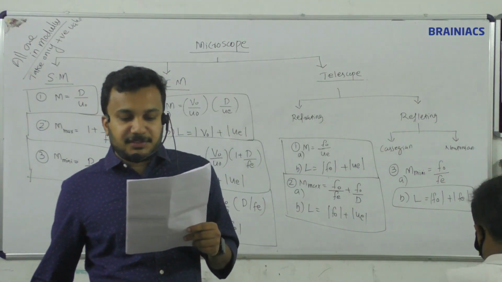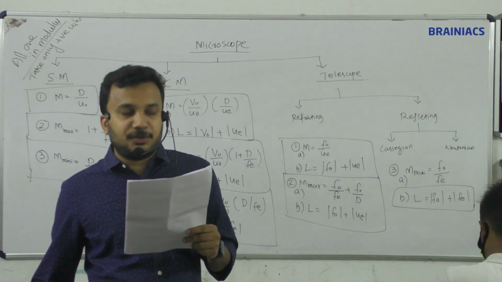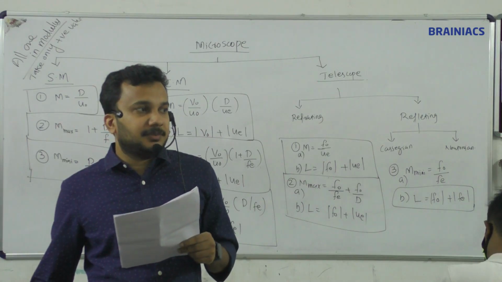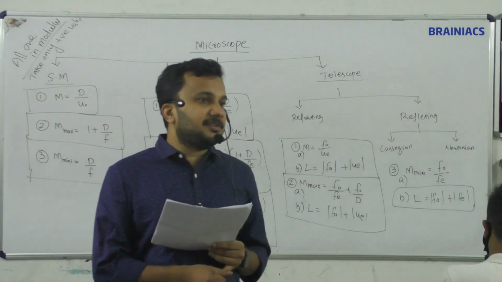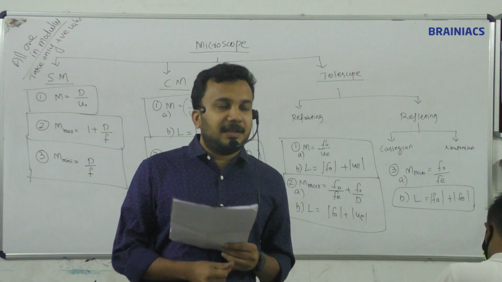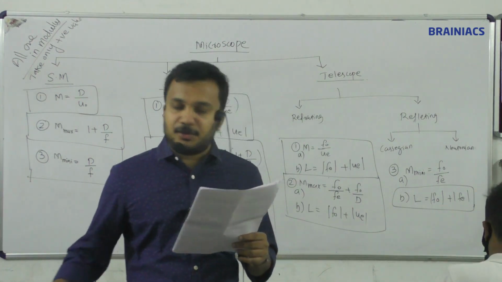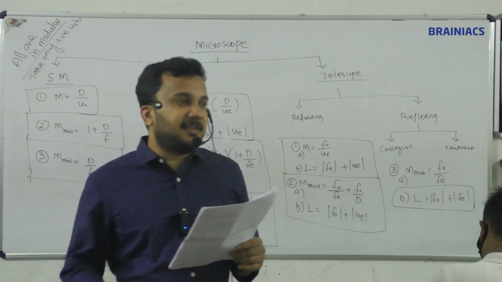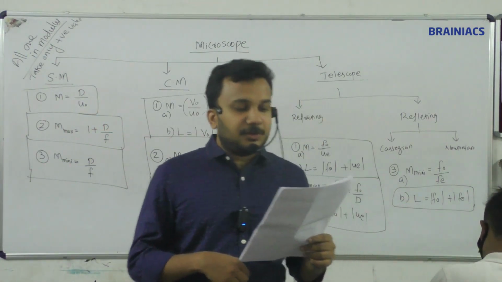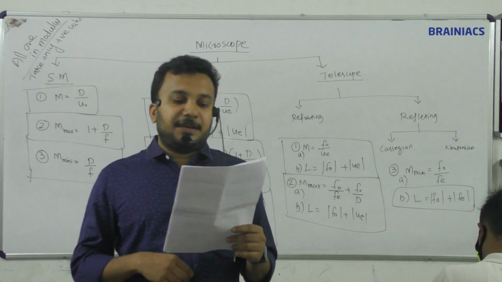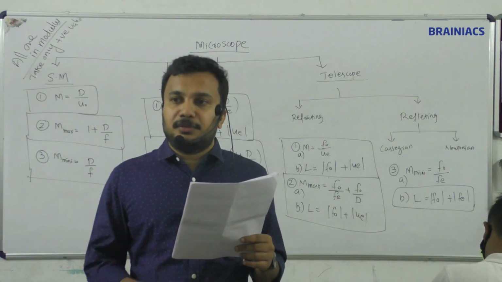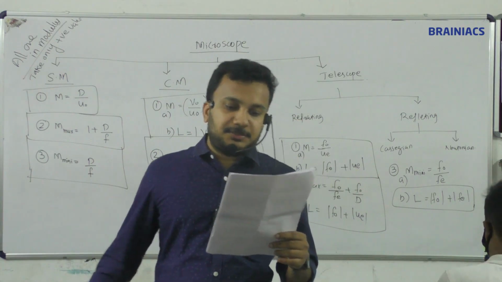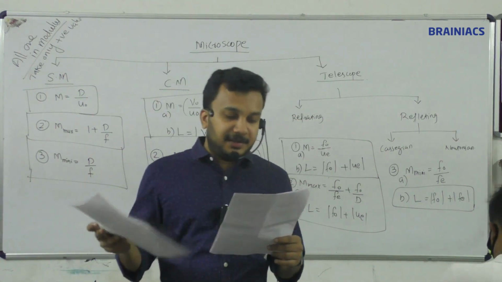A telescope consists of two lenses, focal length f0 0.3 meter. So what will f naught be? Convert to centimeter: f0 equals 30 centimeter, fe equals 3 centimeter. The moon subtends an angle of 0.5 degree.